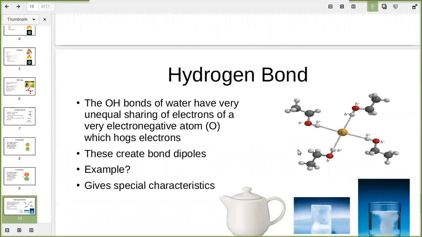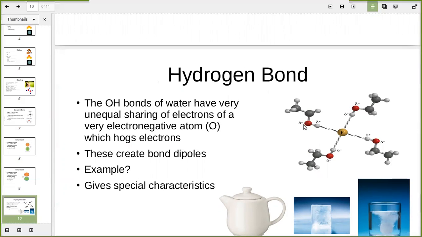Now, hydrogen bond. A hydrogen bond is a slightly more complex topic, but it's relatively simple, okay? So you have hydrogen in a hydrogen bond, and this hydrogen is connected to an electronegative atom.